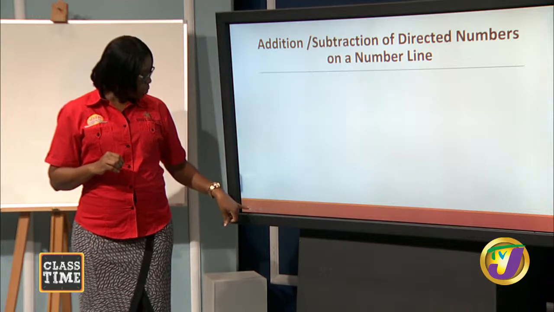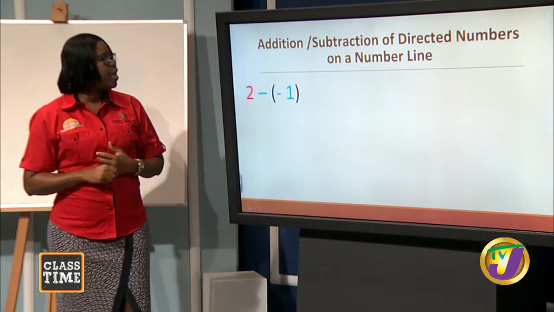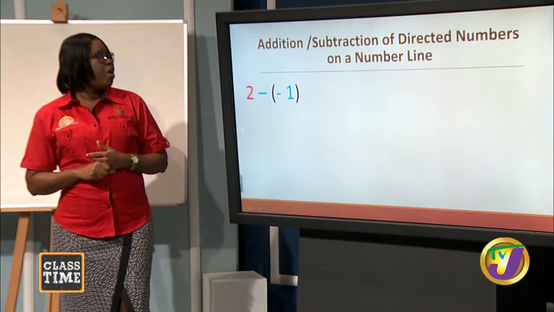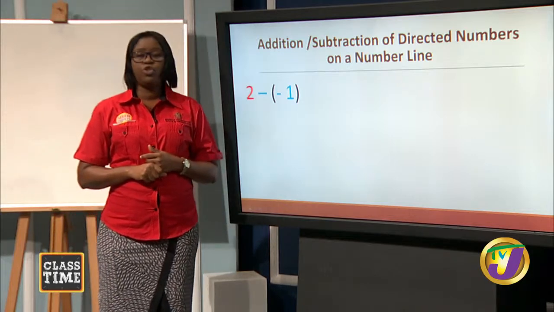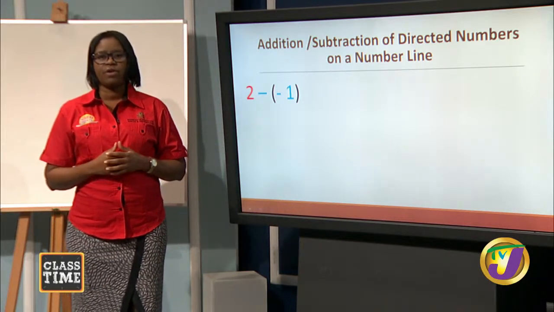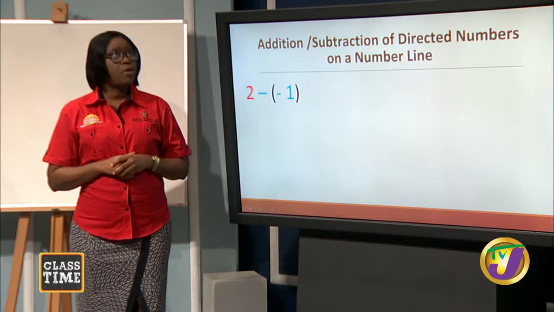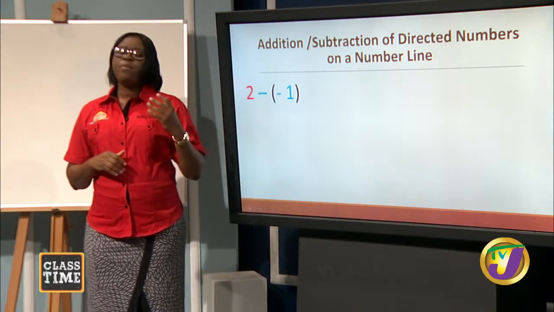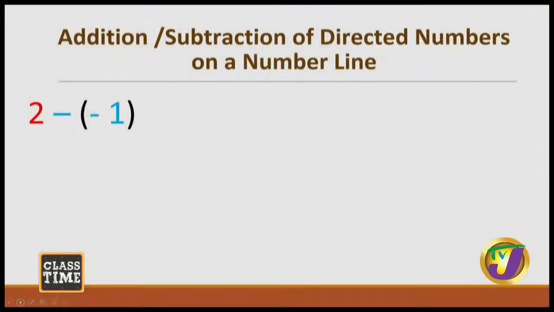Moving on to another example. Here we have negative 1 being subtracted from 2. Are we going to have an increase or a decrease? Think about it. Remember, negatives are debts, all right? And if you're subtracting a debt, you're getting rid of a debt, it means your monetary value would be increasing.